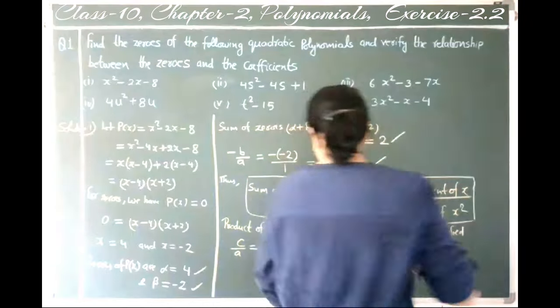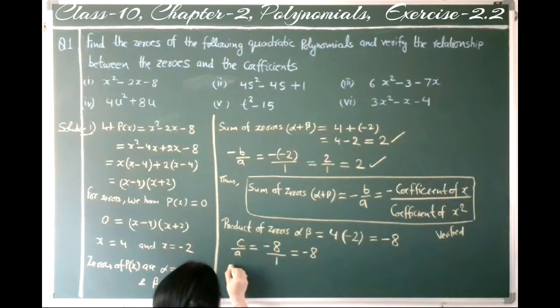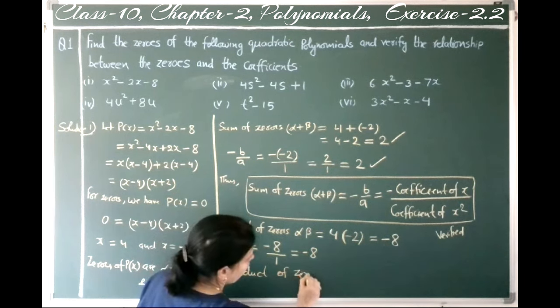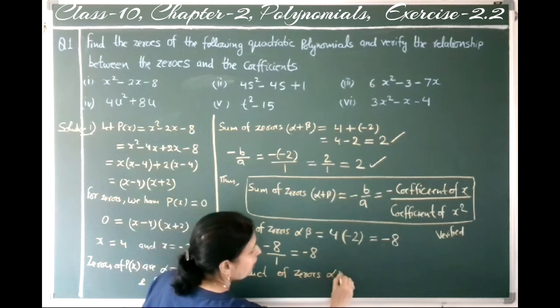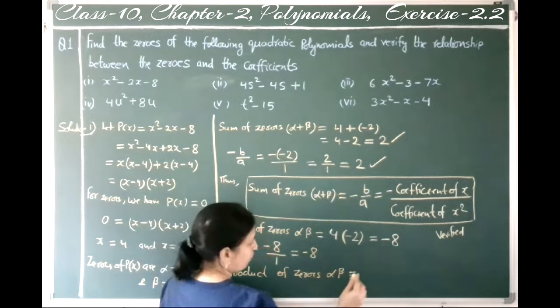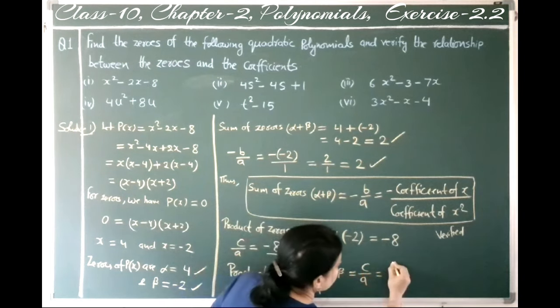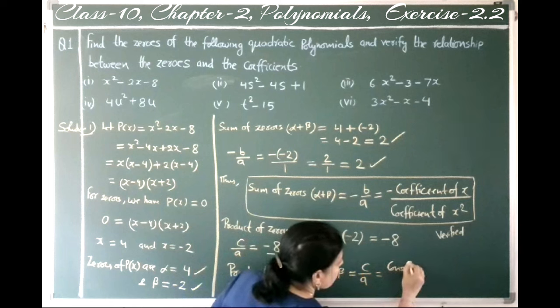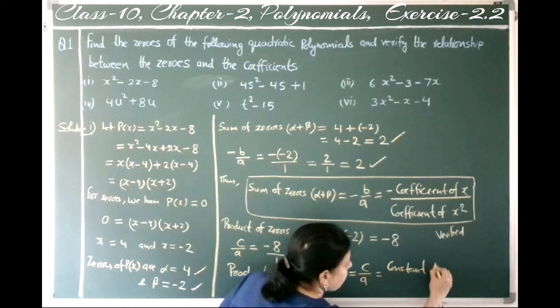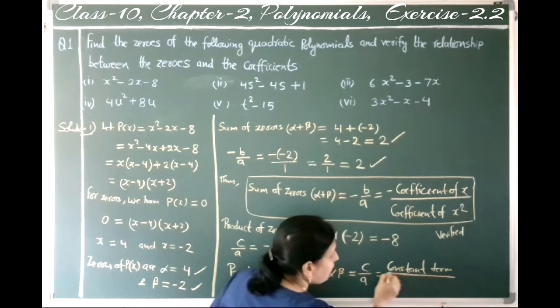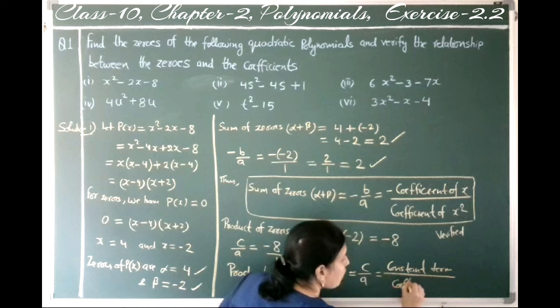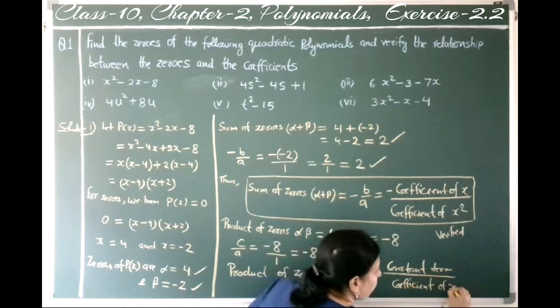So we can say that product of zeros alpha beta is equal to c by a, that is constant term divided by coefficient of x square.